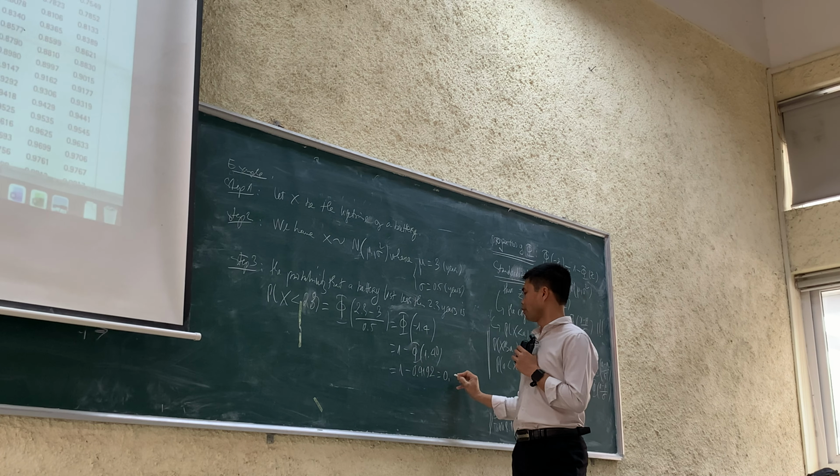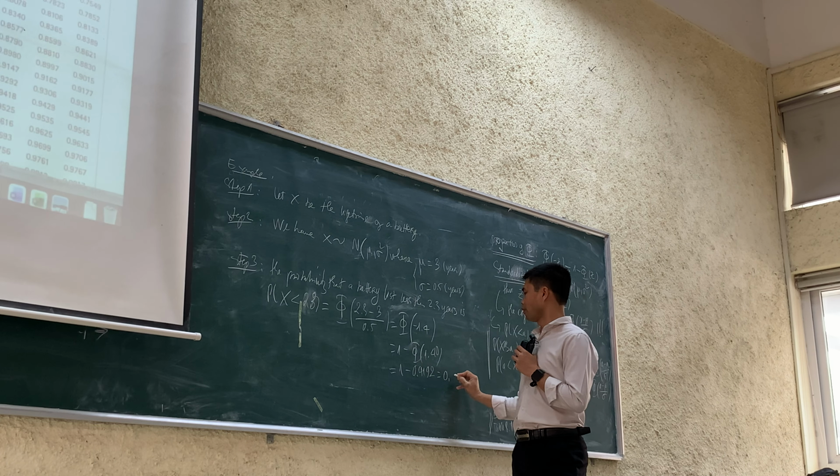What's our conclusion about this value? How to explain it for a farmer to understand this result?